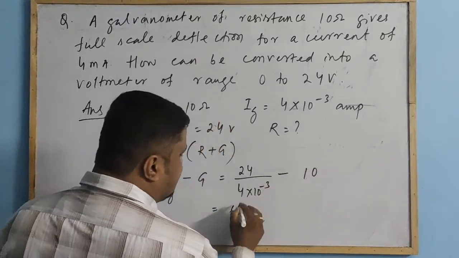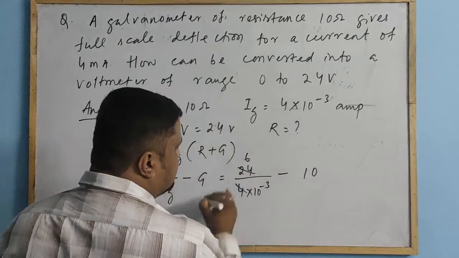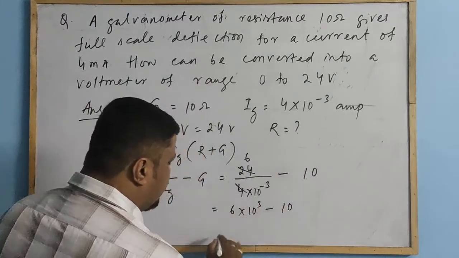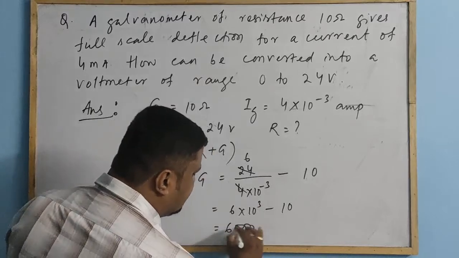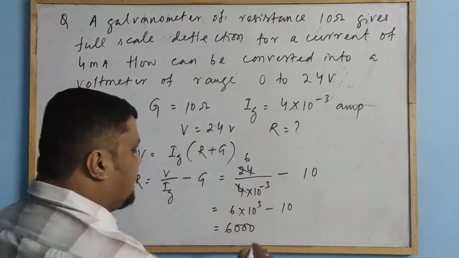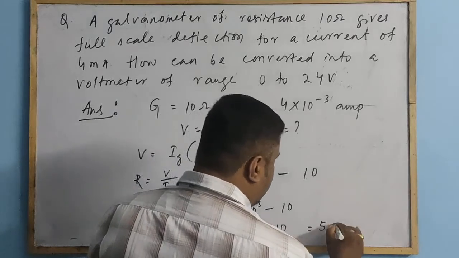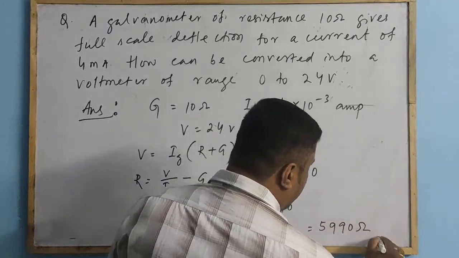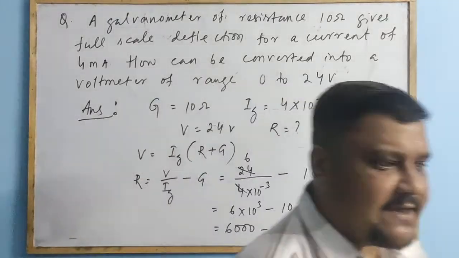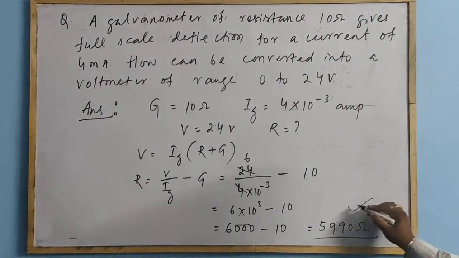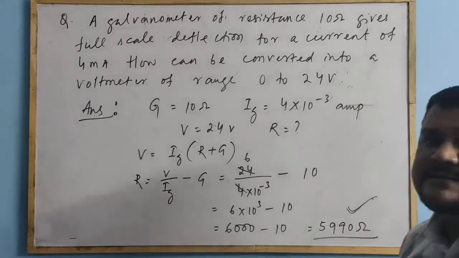So 6 into 10 to the power 3 minus 10. So this is equal to 6,000 minus 10, which is equal to 5,990 ohm. Okay. This is the value. So this is the resistance connected in series.